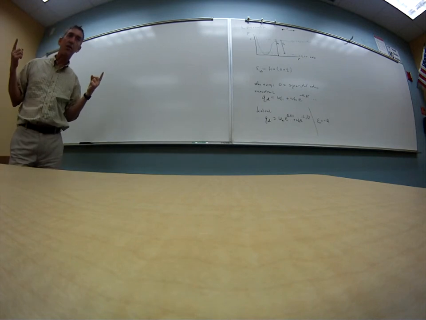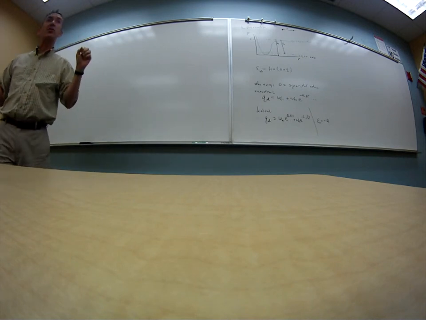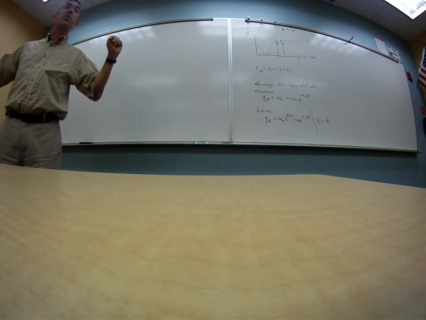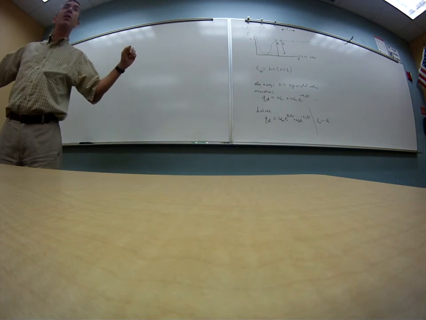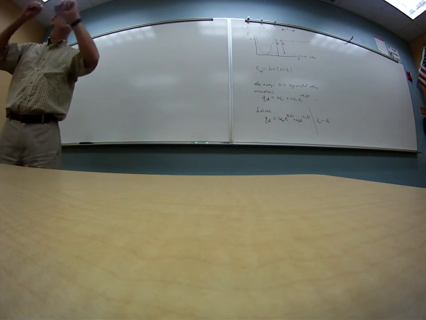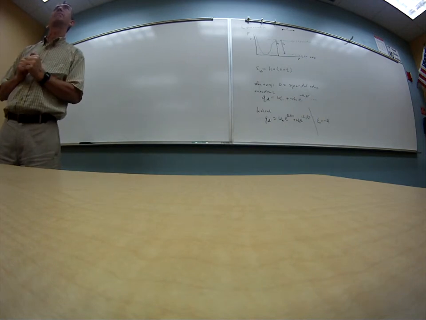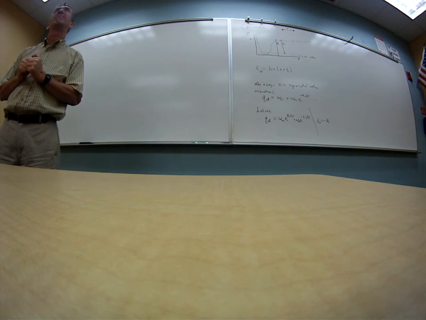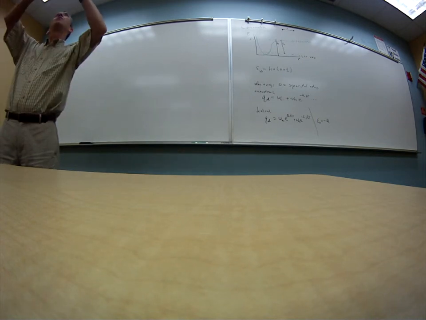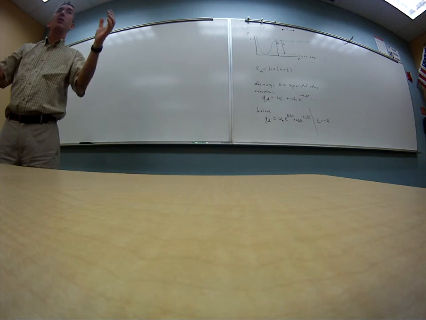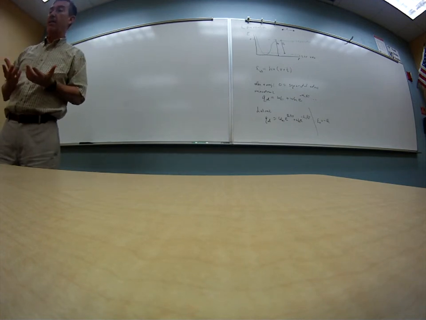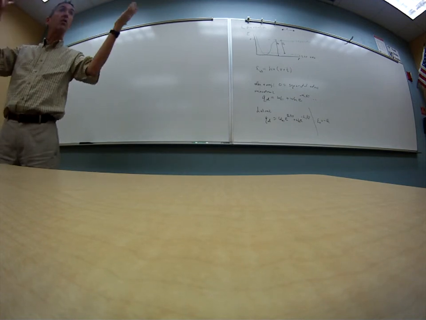So process one is going to be interchanging all particles. So interchanging all the electrons. Let me put it differently. There's an electronic wave function that has some symmetry properties.